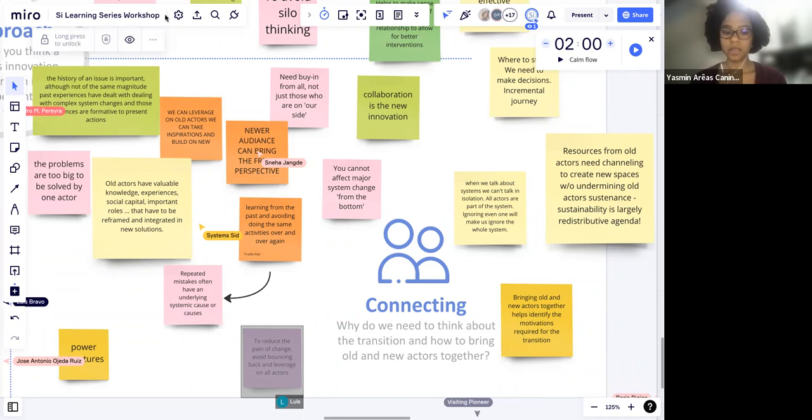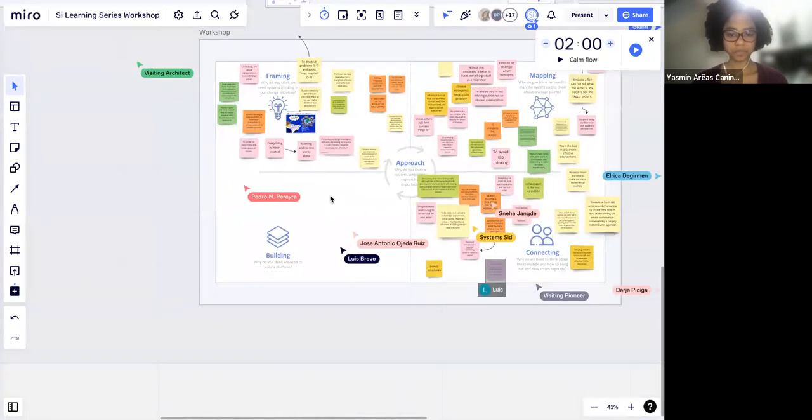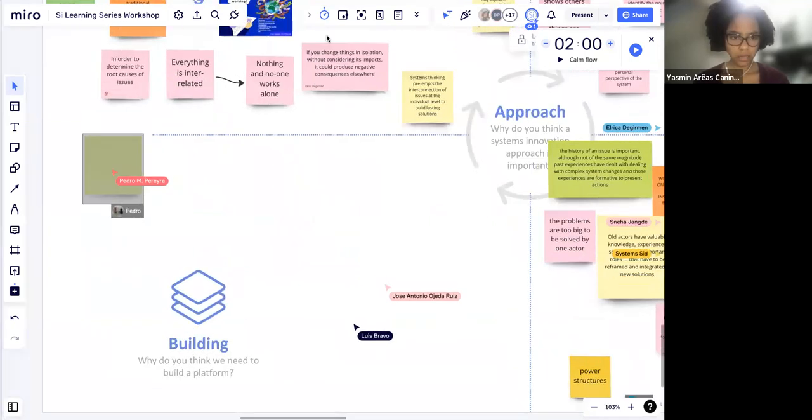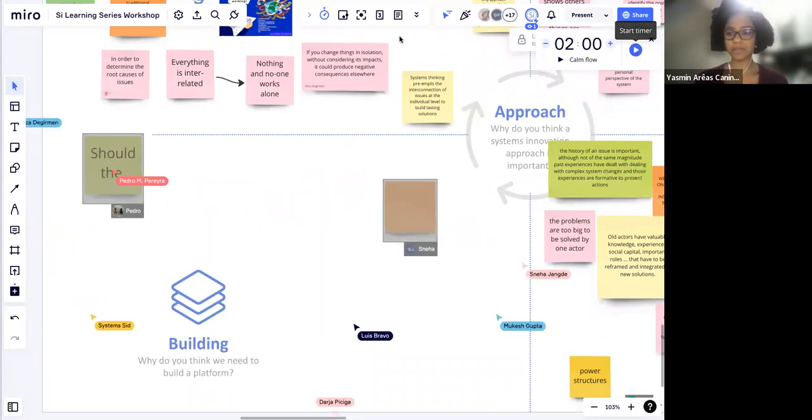Definitely. Okay, so we can go to the 4th quadrant now. Last one. And here we have, why do you think we need to build a platform?